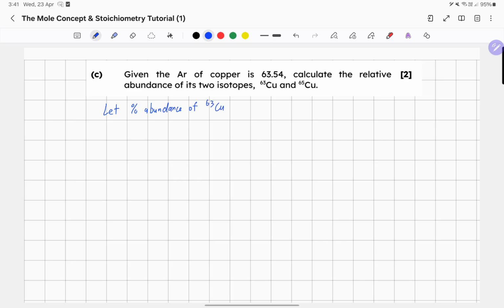So copper with mass number 63, let it be, let's say, X%, and the percentage abundance of copper 65 be 100 minus X%. Relative abundance here just means the abundance in comparison with another percentage abundance. So that's why you see X% and 100 minus X%, since there's only two isotopes.